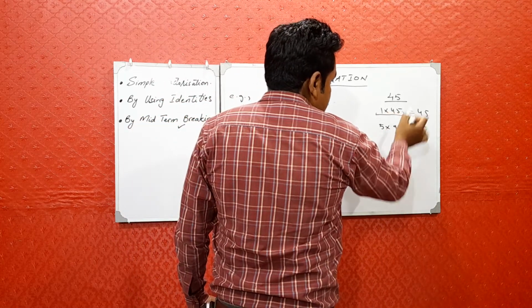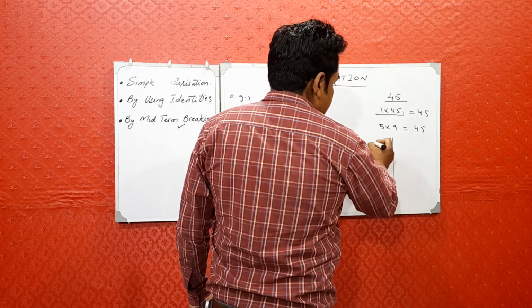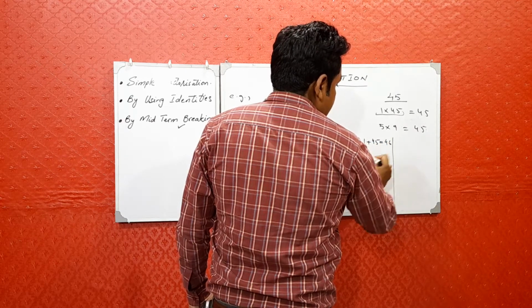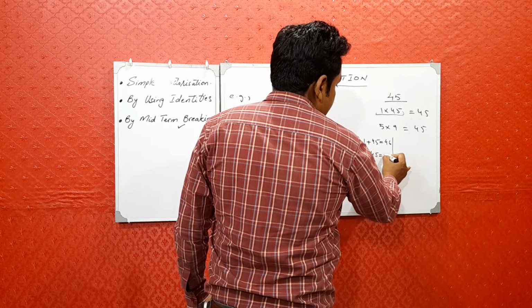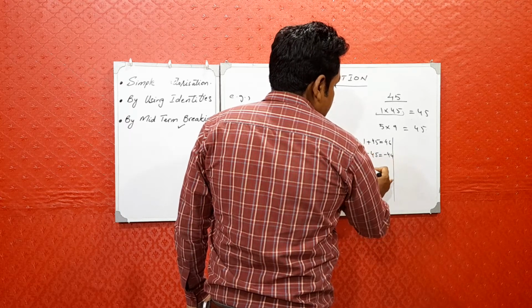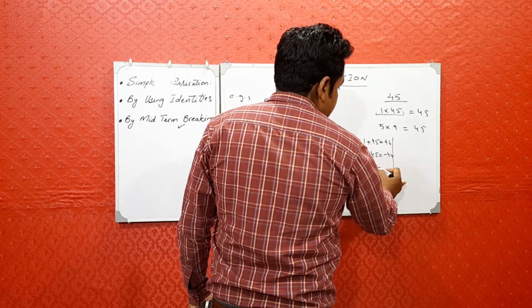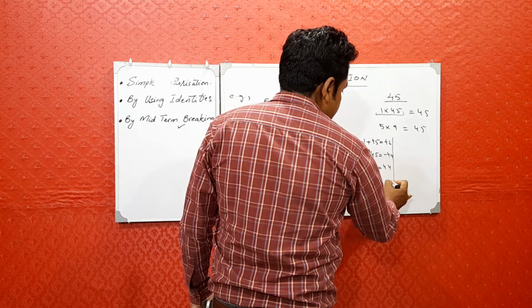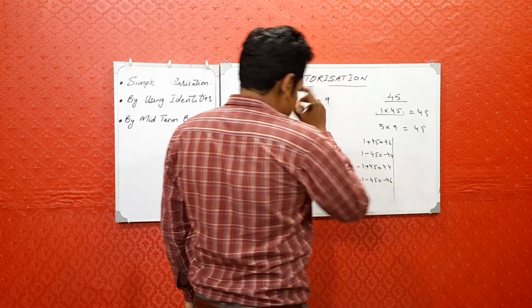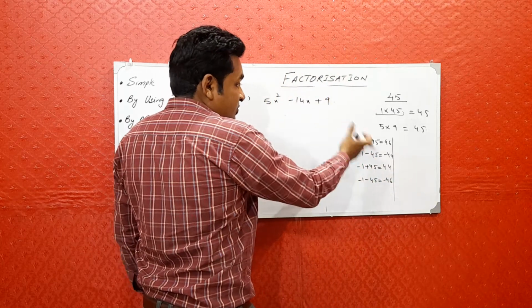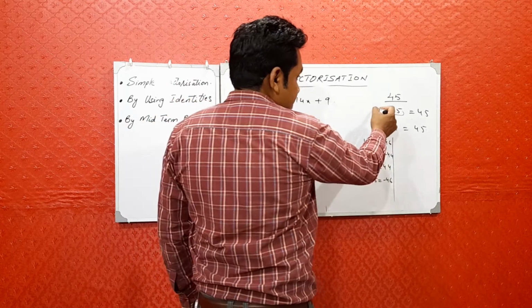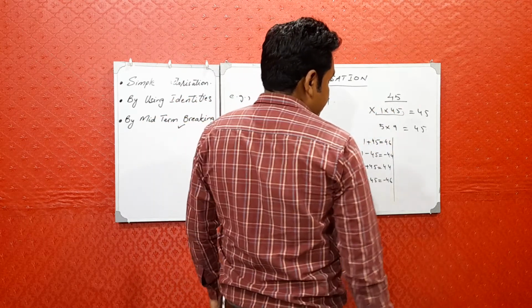If we choose the pair 1 and 45, 1 plus 45 gives you 46, 1 minus 45 gives you minus 44, minus 1 plus 45 gives you 44, and minus 1 and minus 45 gives you minus 46. But you know that the middle term is 14, not 46 or 44, so we will not use this pair of factors.